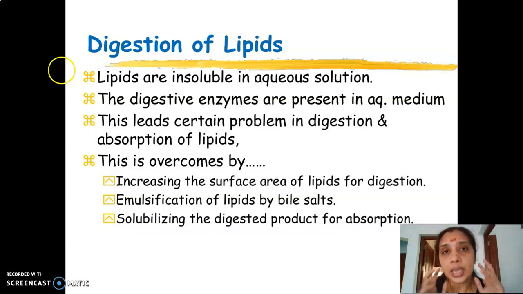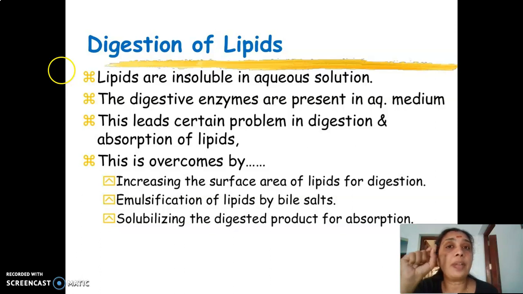So these are the events happening in the upper part of the small intestine when the acid chyme enters it. The small intestine will have the pancreatic juice and bile in it only when the acid chyme enters it.